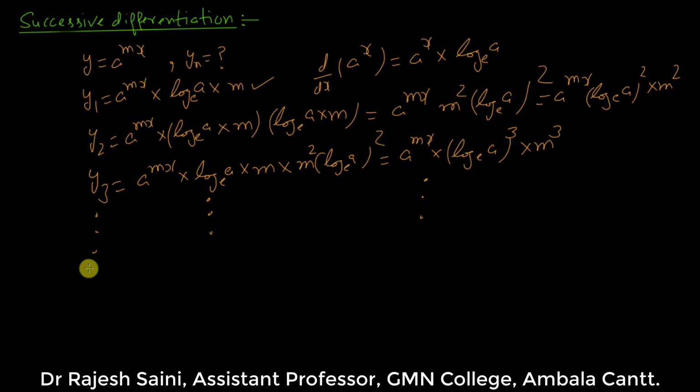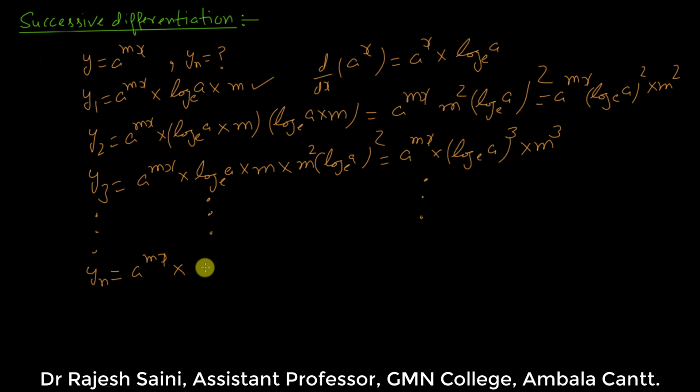You will get yn. When here is 3, log a to the base e raised to the power 3, m raised to the power 3, and a raised to the power mx is as such. So a raised to the power mx will be as such, because when it is 1, a raised to the power mx is there, when here is 1, log a raised to the power 1, m raised to the power 1, 2, log a to the base e square, m square, cube, cube and cube.